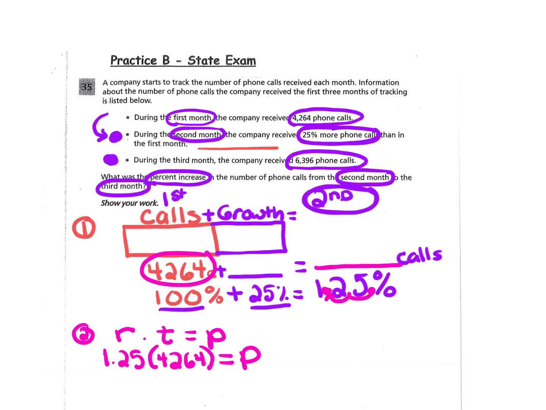When you're ready, punch in 1.25 times 4,264 and hit equals. You should have gotten 5,330 calls for that second month.